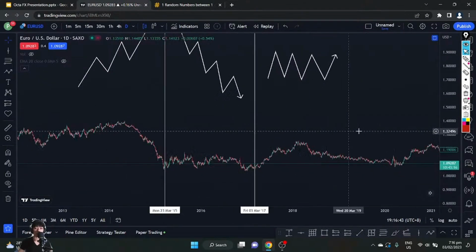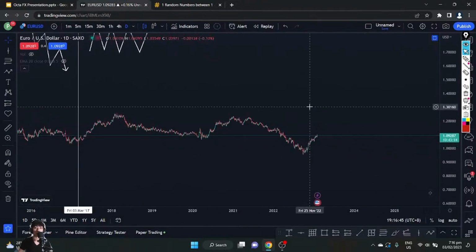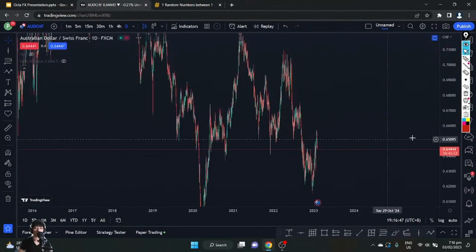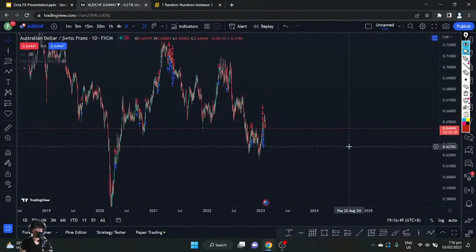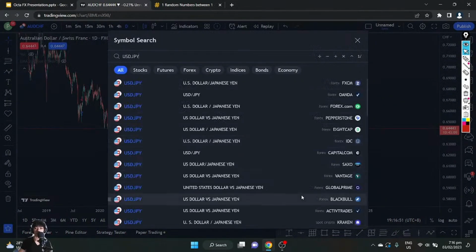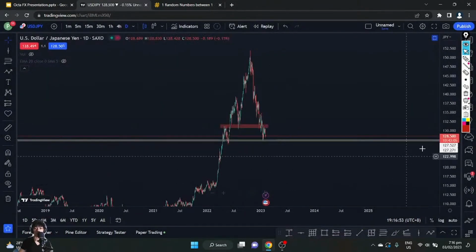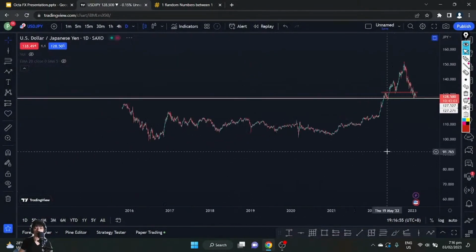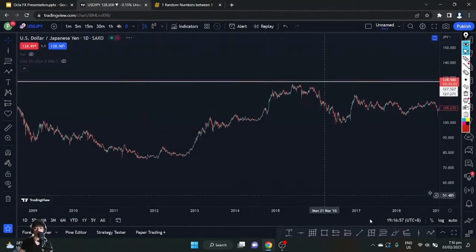Even if we change our chart, so we are now on the euro dollar. So let's try to change it. Let's say dollar yen. So here, as we can see, for the dollar yen, we have another uptrend right here.